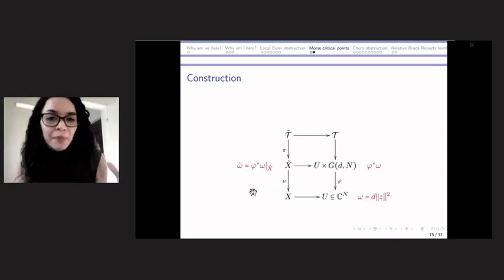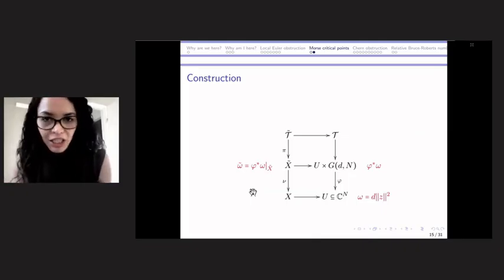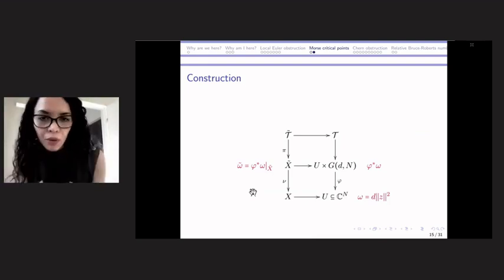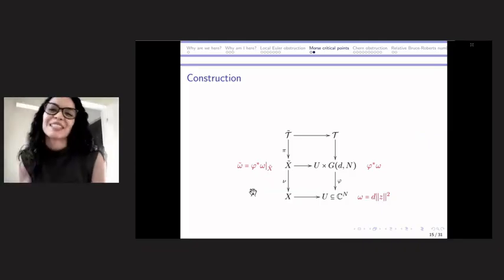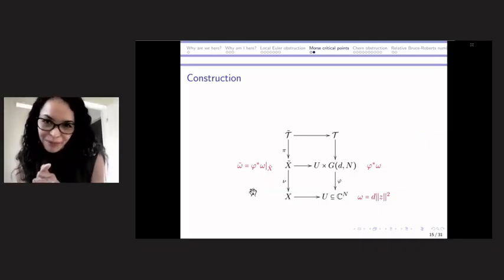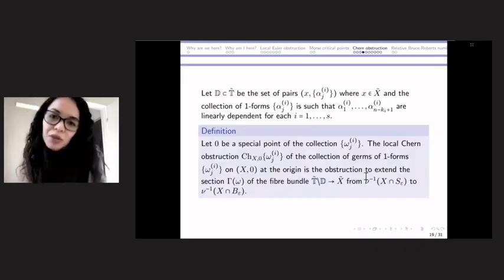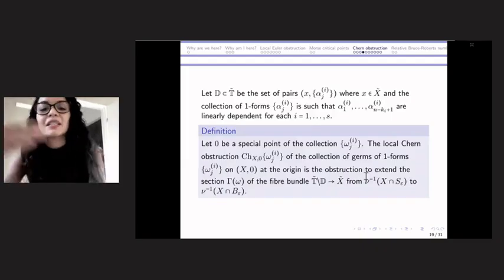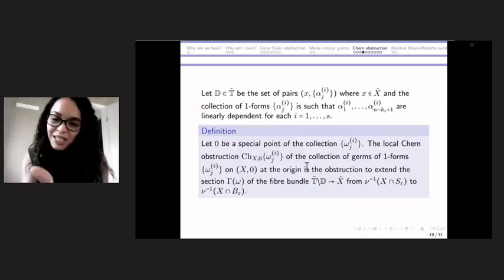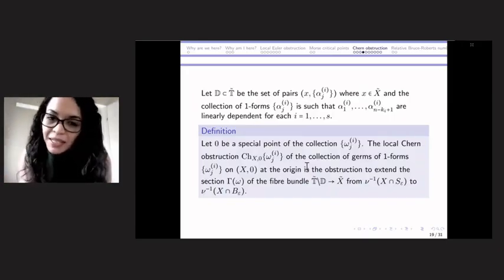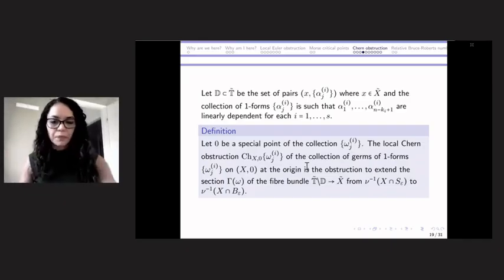And then you may have an epsilon small enough in which that section, that collection, will be non-zero over the inverse image of the sphere. And then you want to extend into the interior of the sphere, into the interior of the ball, right? So this also gives us a cocycle, an obstruction cocycle that can be evaluated on the corresponding fundamental class, and that gives us an integer, which Ebeling and Gusein-Zade called the Chern obstruction of these big collections of differential forms. All right.